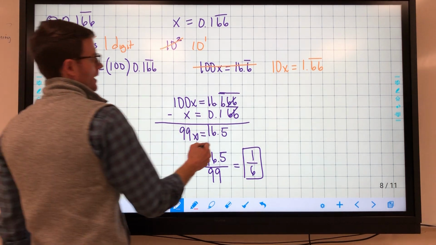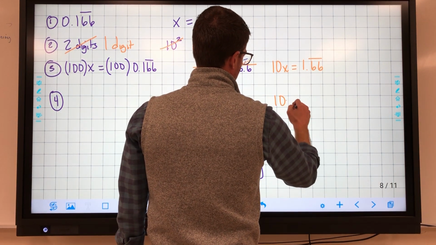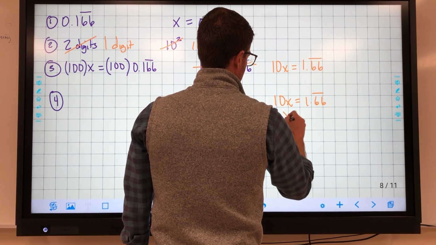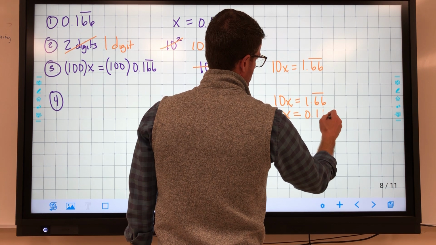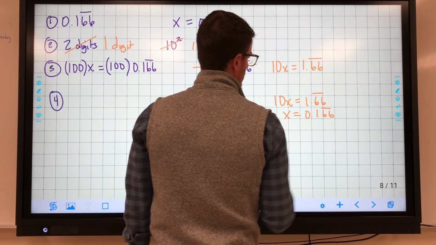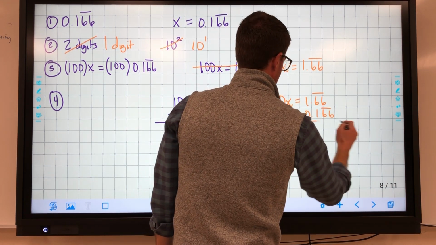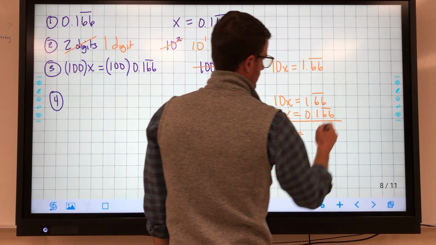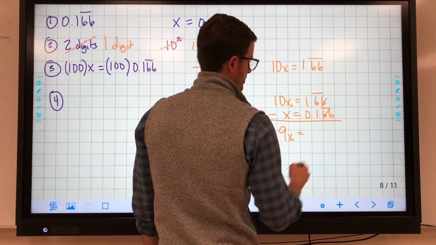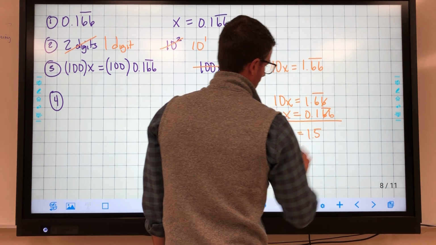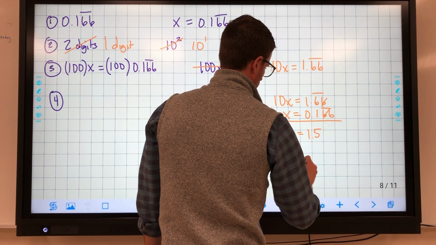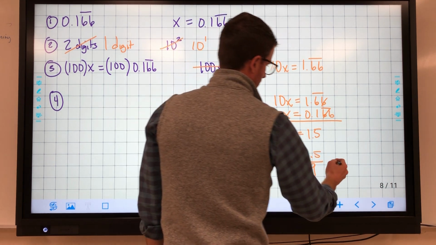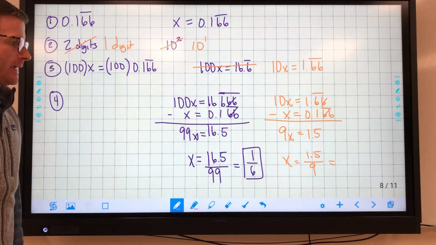All right, and then I'm going to subtract, right? 10x equals 1.66 repeating minus x equals 0.166 repeating. All right, subtract, I'm going to get 9x over here, and those cancel, I get 1.5. So x equals 1.5 over 9. And when I simplify that, I get 1/6.